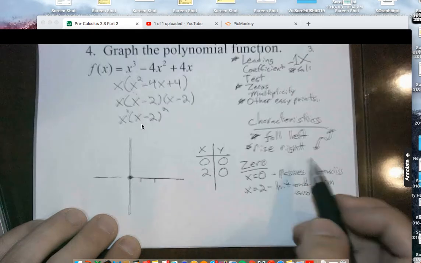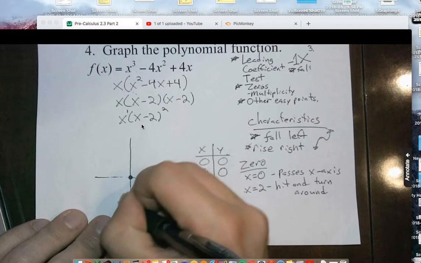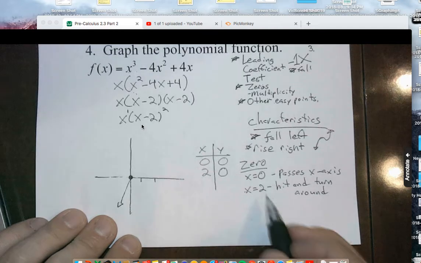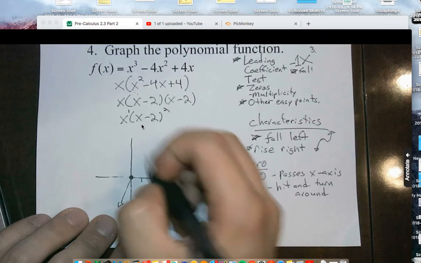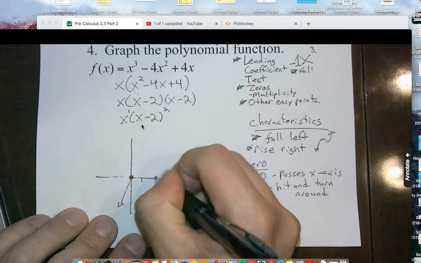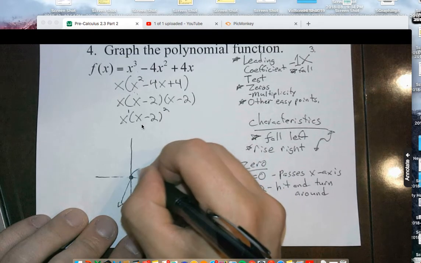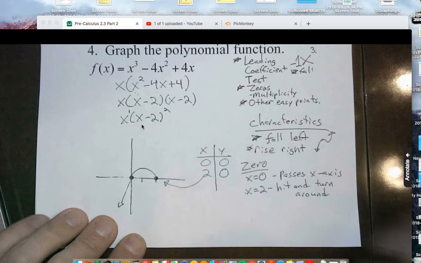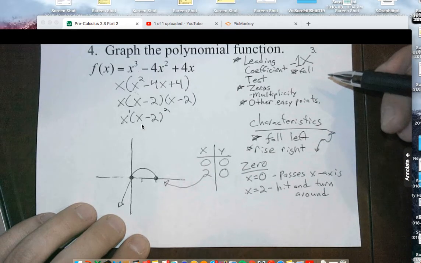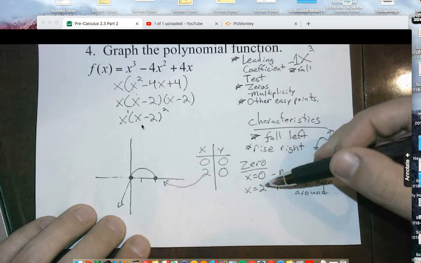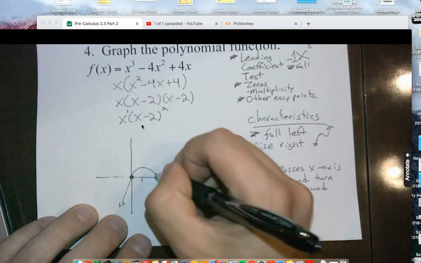So I know that this is going to fall to the left, so this is going to be kicking back in from here. I know that my next 0 is 2, so I want to make sure that I hit here. So have this kind of go up, swing back. And I know that if this hits when x is 2, it's going to have to swing back.